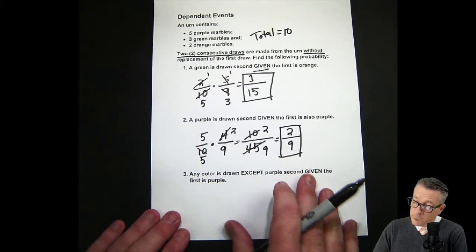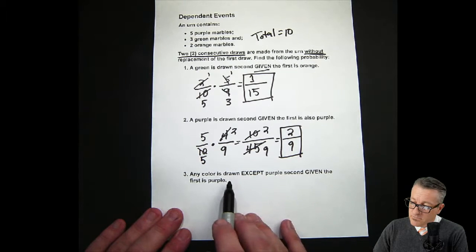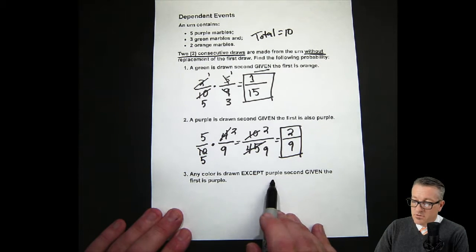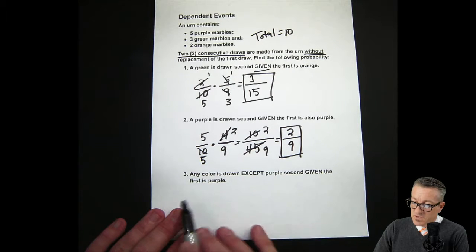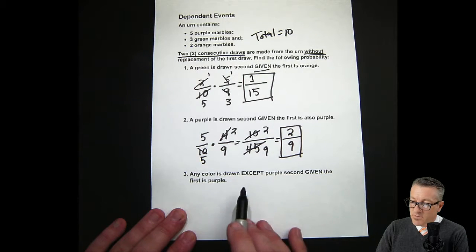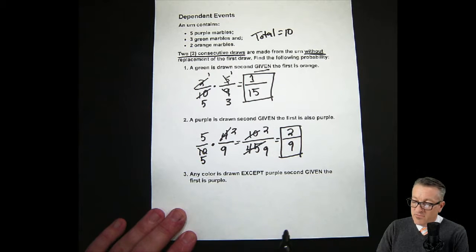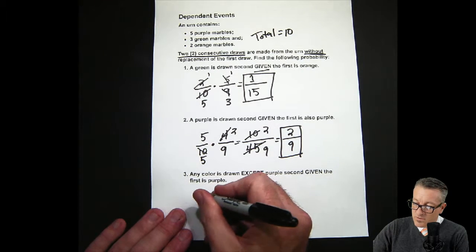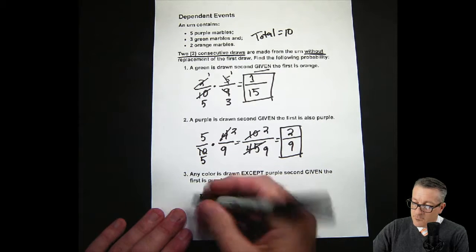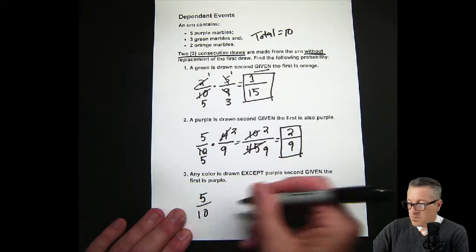Okay, and for the last one, we have any colors drawn except purple for the second draw, given the first is purple. So any colors drawn except purple second, given the first is purple. So the first one has to be purple. The second one's anything but purple. So for the first one, purple, that's 5 over 10.